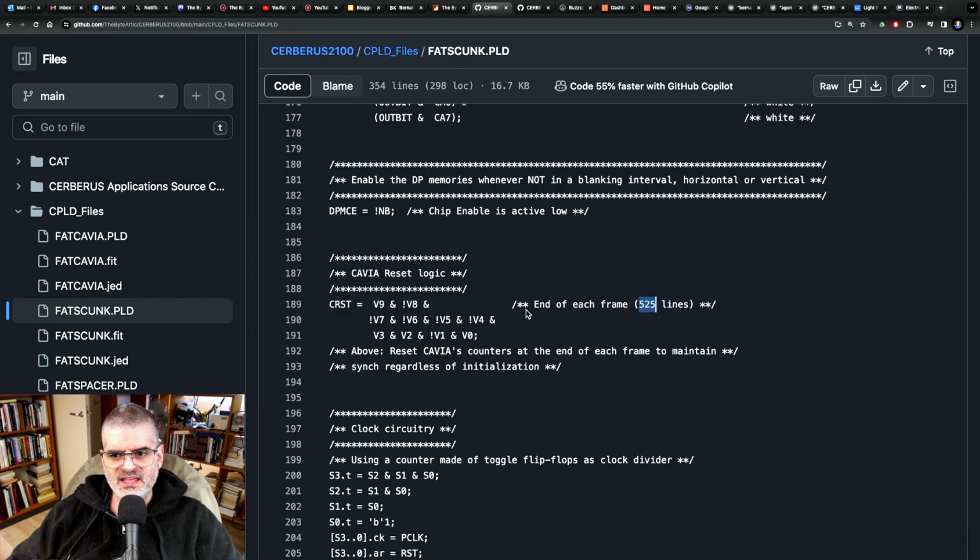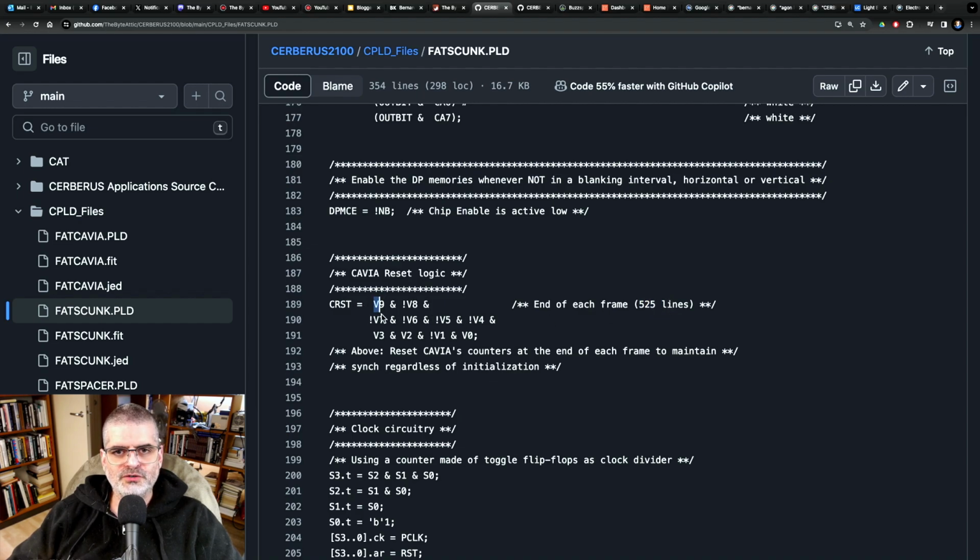So this is at the end of all 525 pixel lines, including the 400 that are visible. The other 125 are part of the blanking interval, but they need to be counted anyway. And only at the end of that, and if you do here, V9 is 1, V8 is 0, V7 is 0, V6 is 0, 0, 0, until V3 is 1, 1, 0, 1. That's 525. That's the number you get.